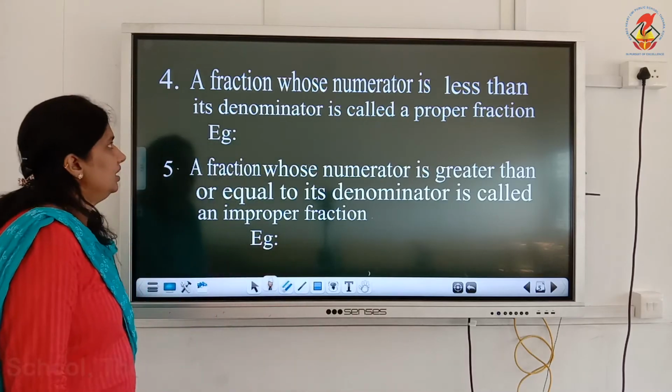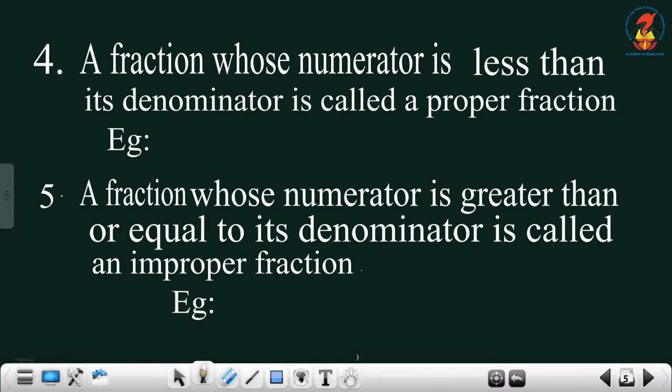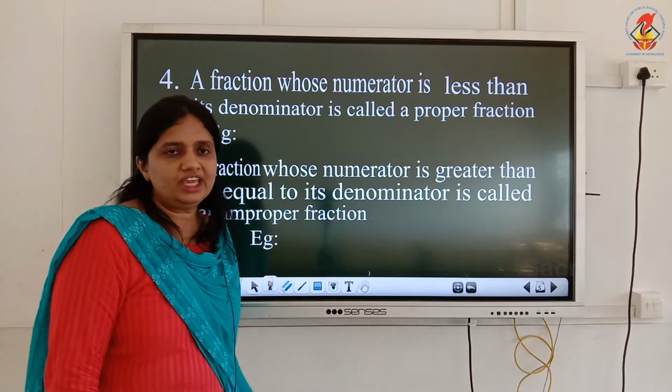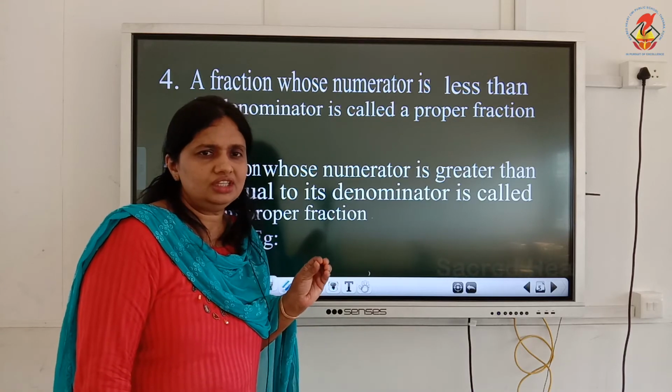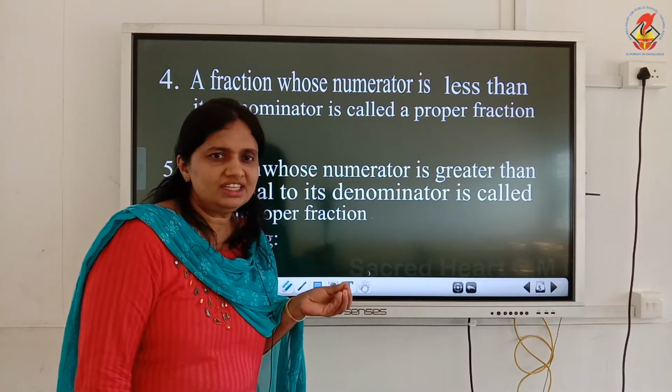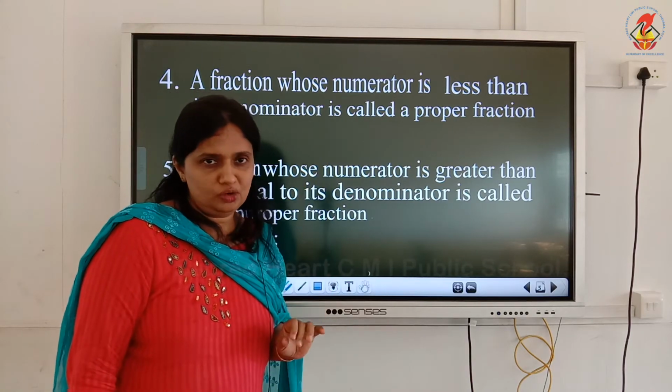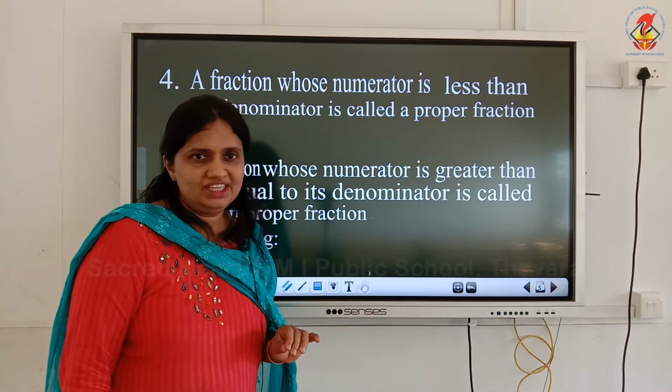And the next one, a fraction whose numerator is less than the denominator, is called what? Proper fractions. You know the meaning of proper, right? In a proper fraction, the numerator is smaller than the denominator. Is it clear?